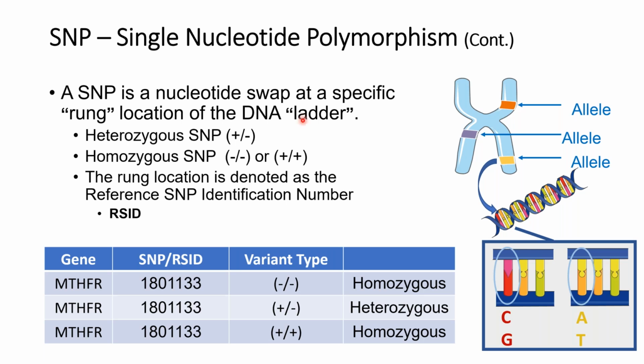And so when we look at the report, you might see something like the MTHFR SNP at that specific location that will either be normal, might have one variation, or 2 variations.